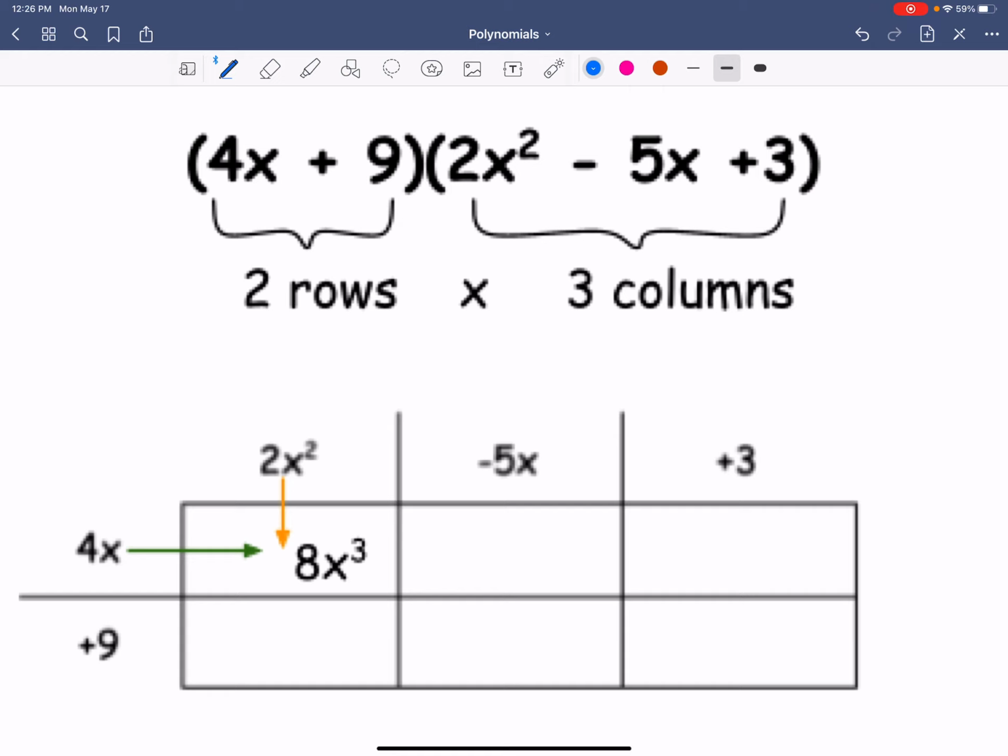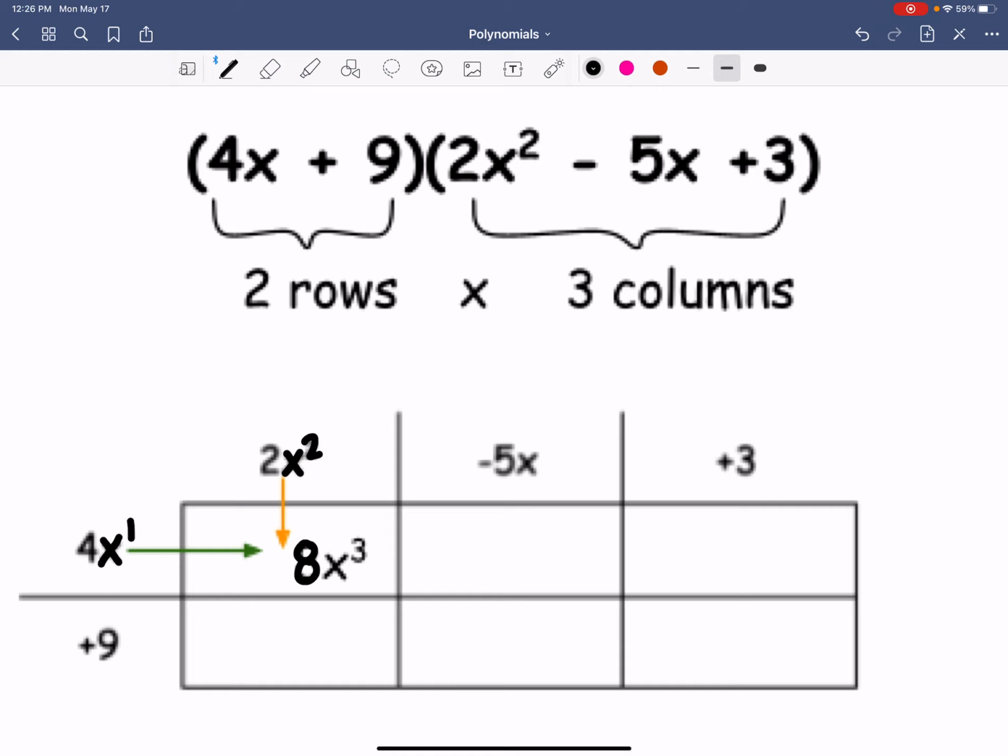4x times 2x squared, or 2x to the second power. You're going to multiply those coefficients, so 4 times 2 to get 8. And then you're going to multiply x times x squared. And when you multiply your variables, you're going to add those exponents.